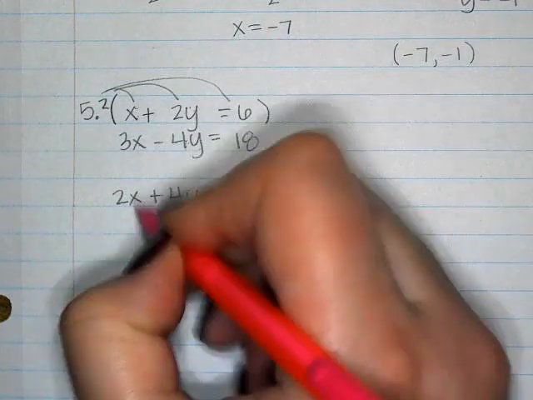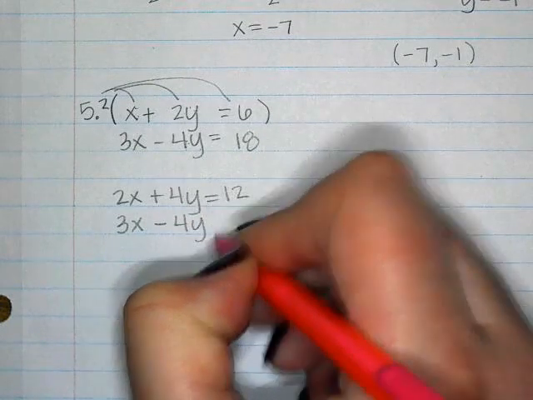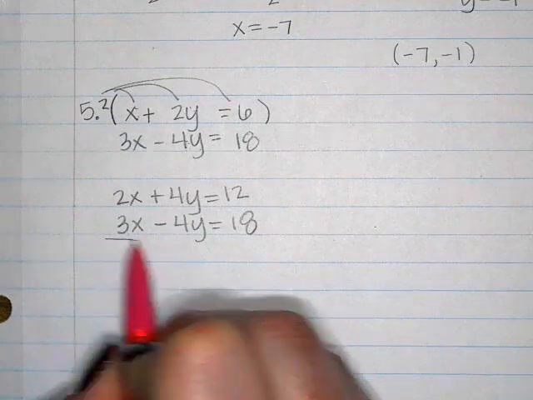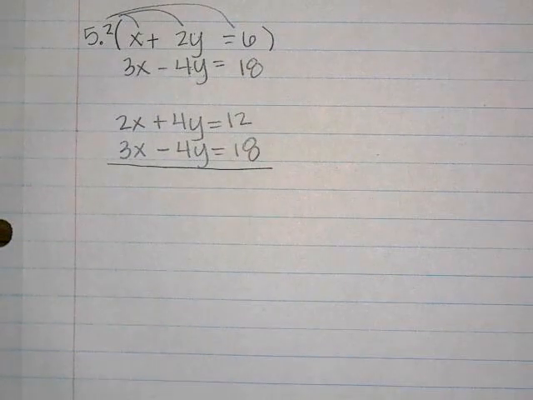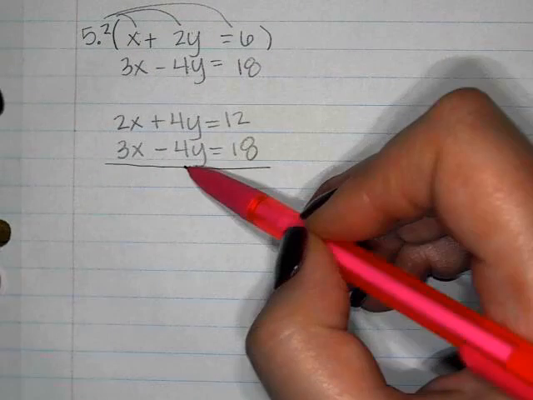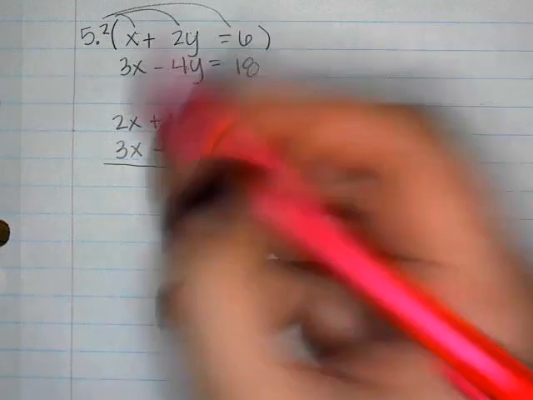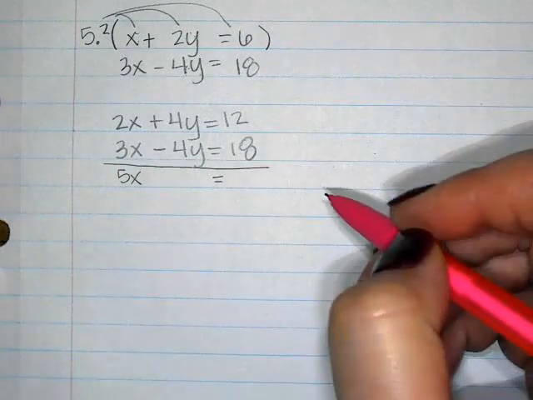And then for the second line, we have 3x minus 4y equals 18. And if we combine those, the y's cancel. How many x's do we have? 5. 5x equals 30.